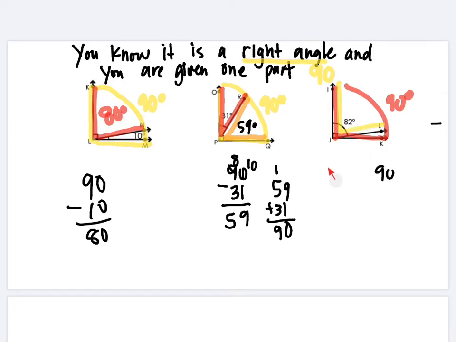So if we take the whole and subtract the part we know, that will tell us the missing angle measure, and it's a little one. Angle LJK would be 9 degrees. And again, we can double check. 82 plus 9, does that equal 90? It does. So that's the missing angle measure.